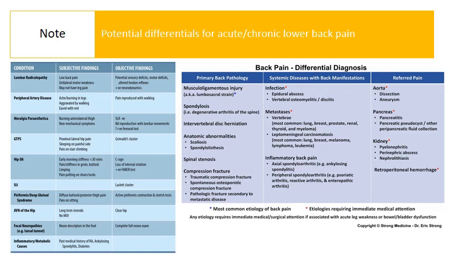Avascular necrosis of the hip also causes hip pain that comes from long-term steroid use. And then there are neuropathies of the lower extremity caused by either compression or inflammatory or metabolic issues like we would see in diabetes, history of rheumatoid arthritis.